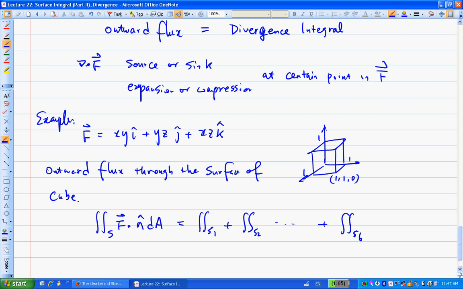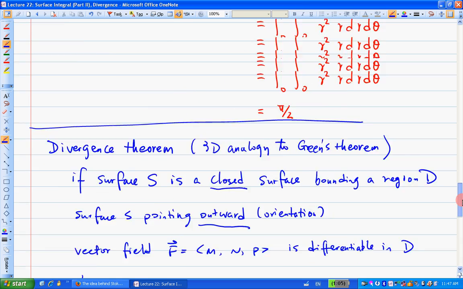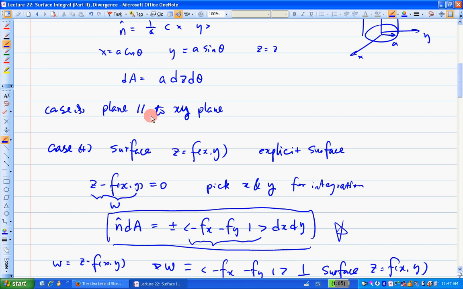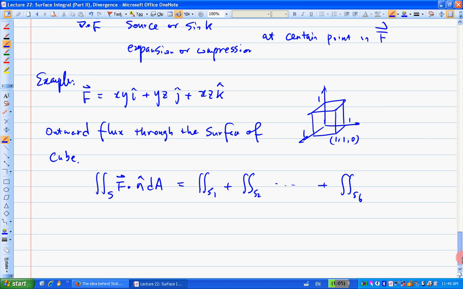Now, look at each one of the surfaces here. It's the case we have been talking about. Case number 3, right? Each one of the surfaces is a plane parallel to either xy, xz, or yz. So you can use that special case to calculate each one of them.